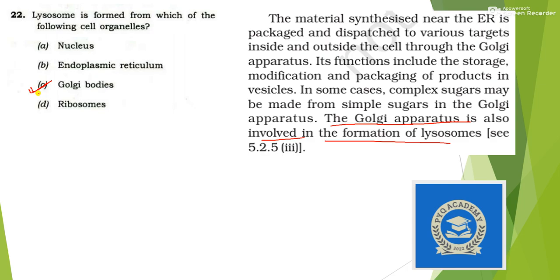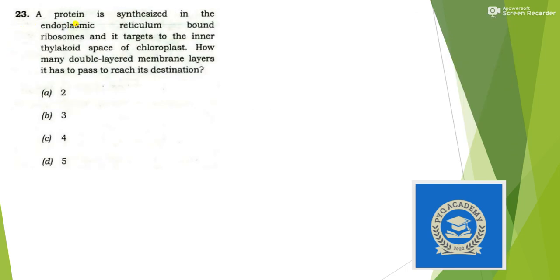Next question. A protein is synthesized in the endoplasmic reticulum bound ribosome and it targets the inner thylakoid space of chloroplast. How many double layered membrane layers does it have to pass to reach its destination?